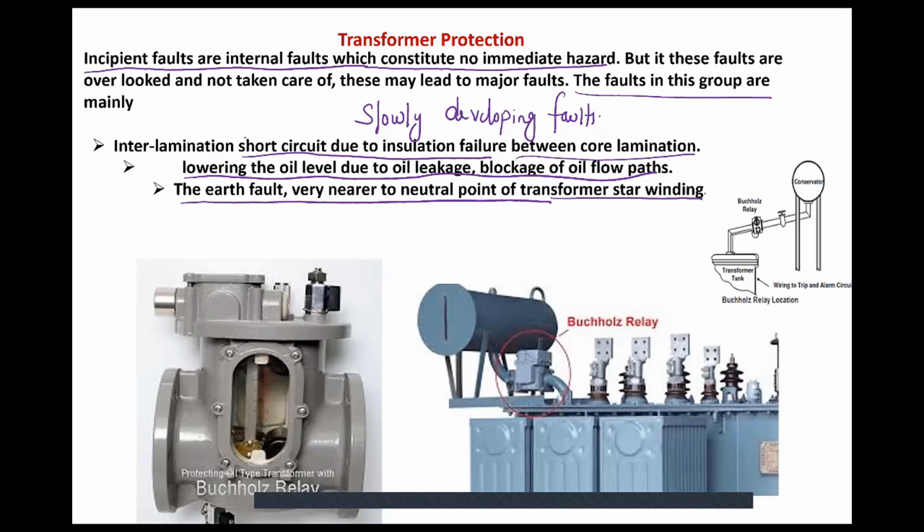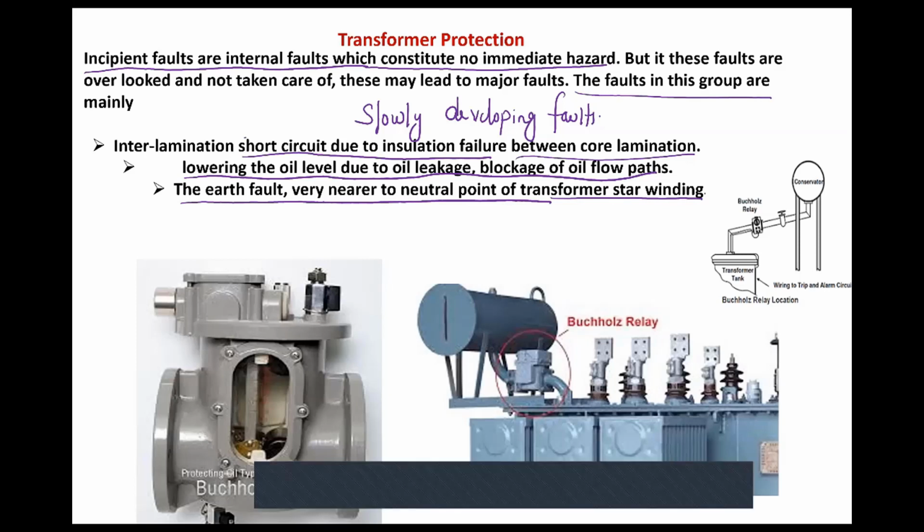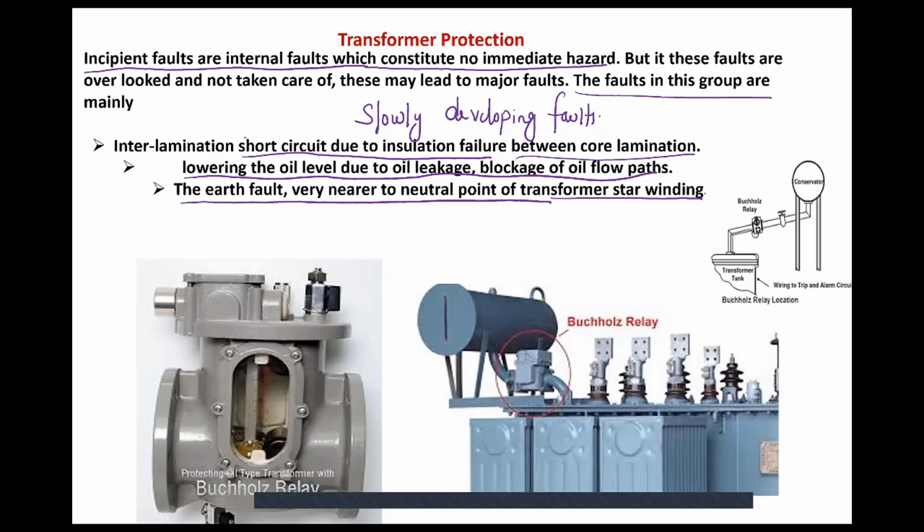Suppose one side of the transformer is star connected, definitely we will have a neutral. If a short circuit occurs at the neutral point, it is also a slow developing fault, or incipient fault. Okay. These slow developing incipient faults are detected and isolated by using a relay called the Buchholz relay.